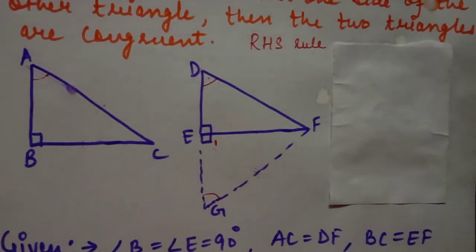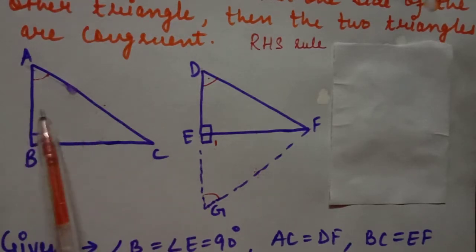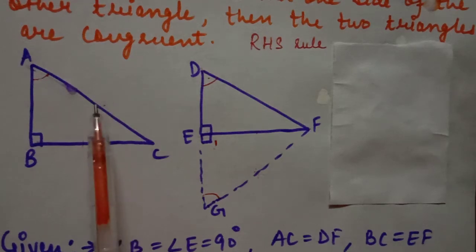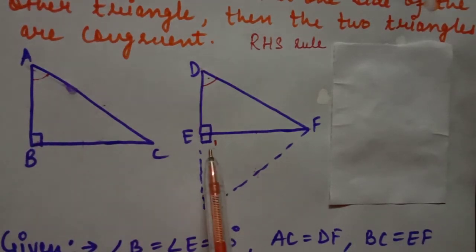Like your previous theorem 7.4, which was the SSS rule, we did a construction. We will follow the same construction in it. We will produce DE to point G such that AB and EG are equal to each other, and angle B and angle 1 are also equal to each other by construction.